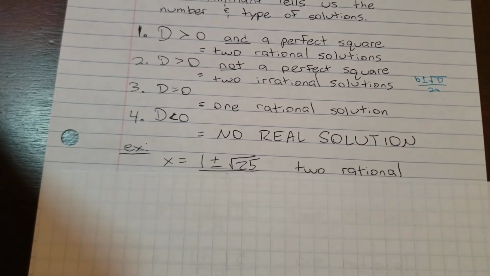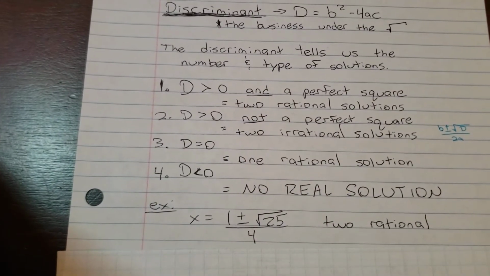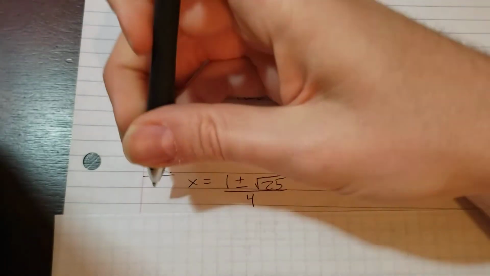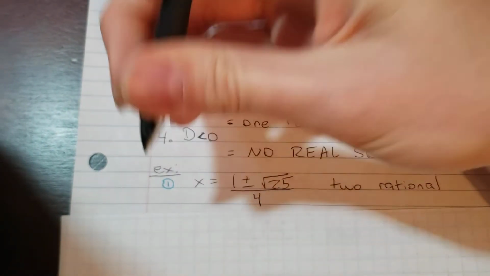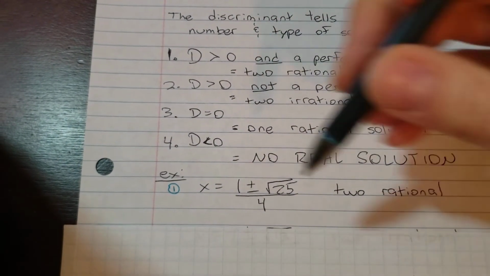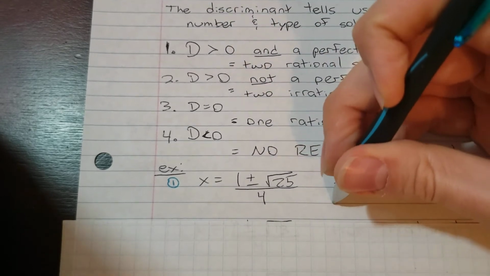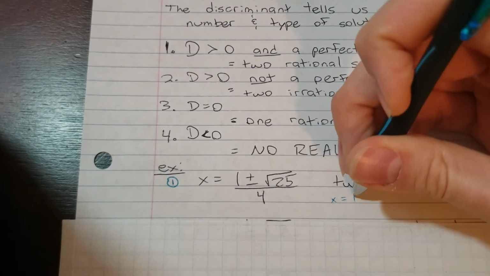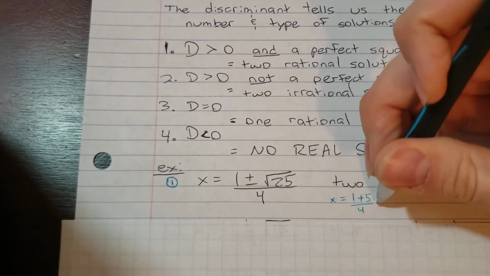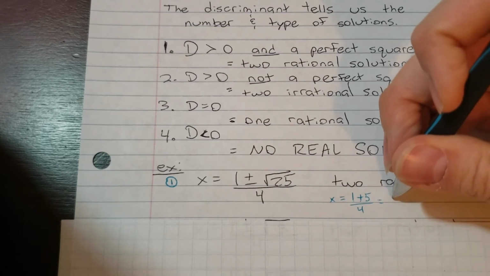All right, let's get to some of these examples. So this would be scenario 2. Oh, I'm sorry, this would be scenario 1, where we have 2 rational solutions, right? It'd be 1 plus 5 divided by 4, which is 3 over 2.